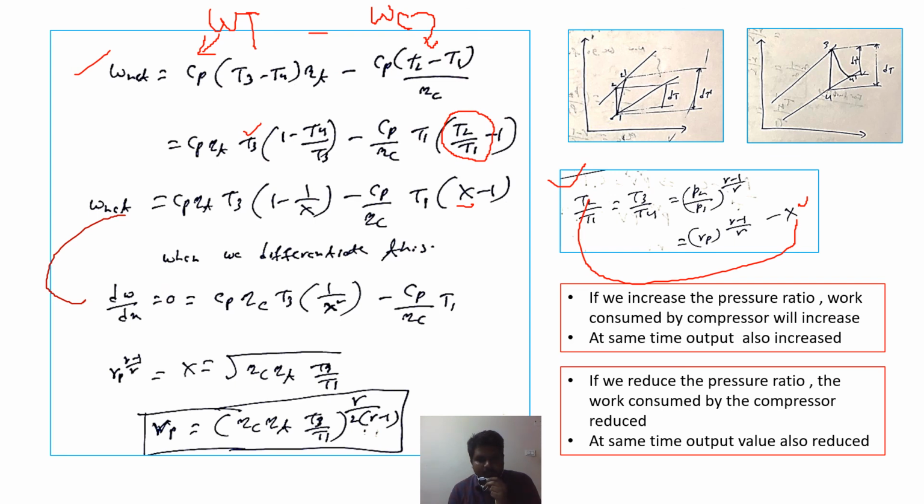This equation you can write it as x equals to square root of efficiency of the compressor into efficiency of the turbine into T3 by T1. Okay, but here x is Rp. Rp is the pressure ratio whole power gamma minus 1 by gamma. This I have taken from here.